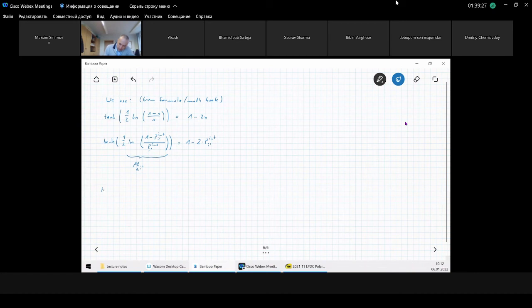So we have the hyperbolic tangent of 1/2 M_jI prime is equal to 1 minus 2 times P intrinsic I prime.